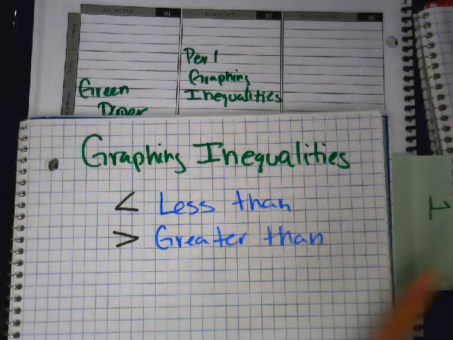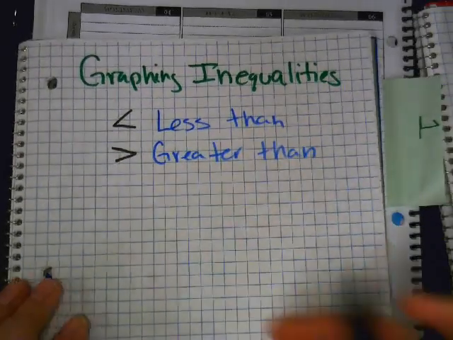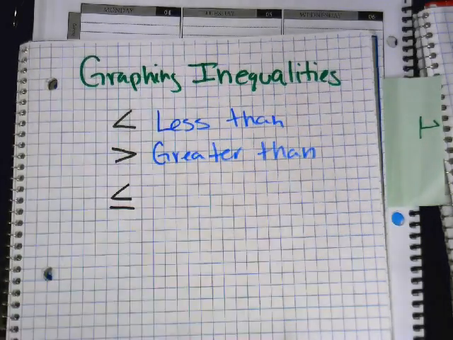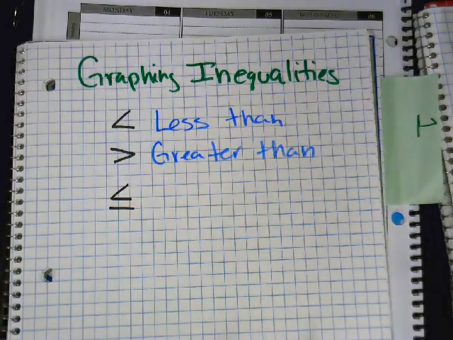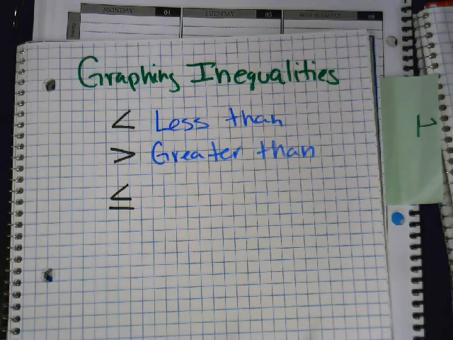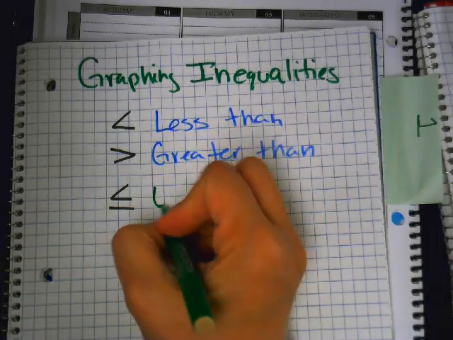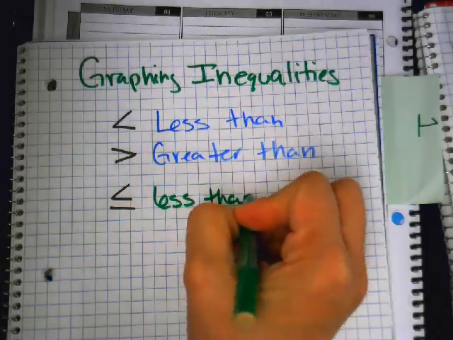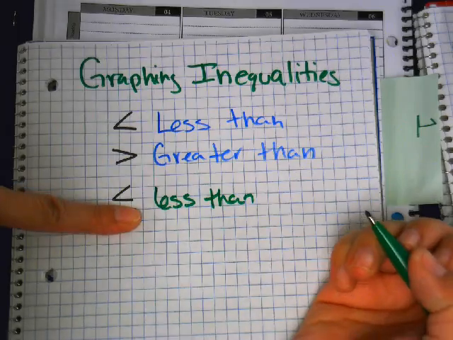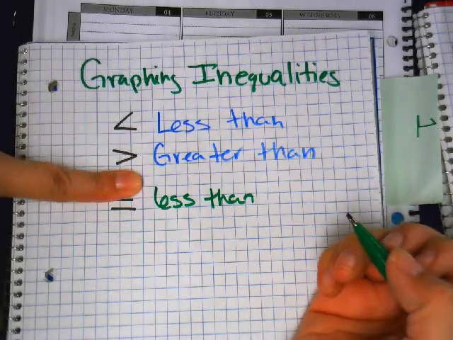So, does anybody know what we call this one? Sarah? Yes. So you have the less than part, that's this part, right? And this bottom part is your equal to.